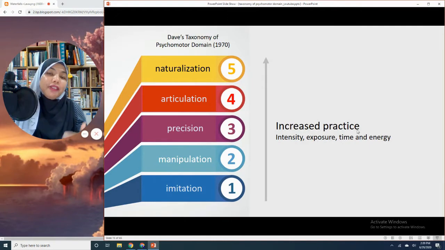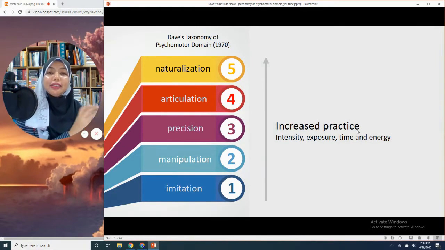And when your brain function matures, when a person reaches a certain age, then this person will be able to operate or think at all the six different levels. Now, the more exposure you have with the task or thinking skills within one particular level, the better you are in thinking within that process.